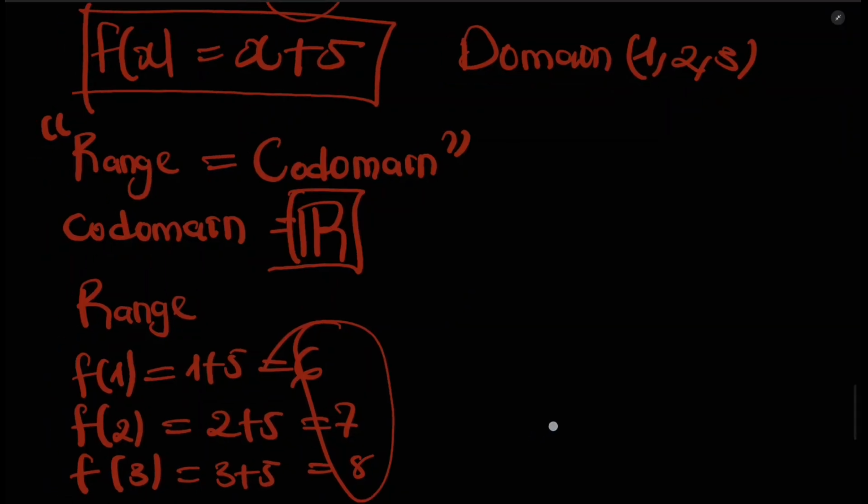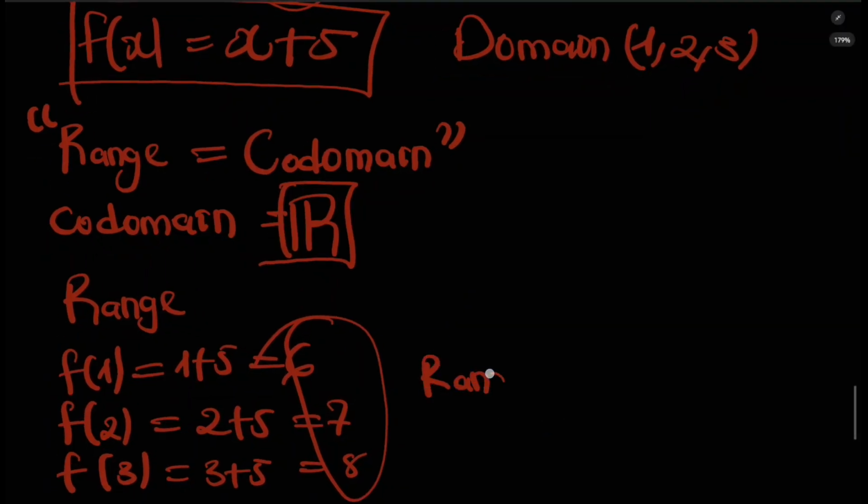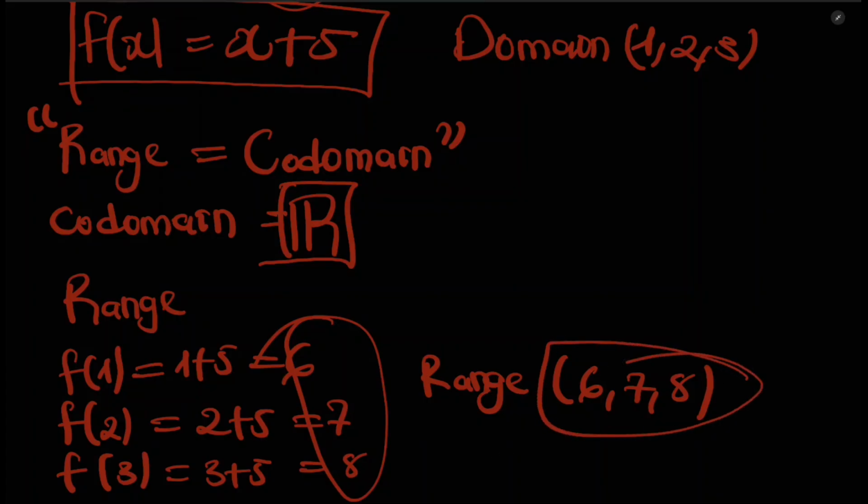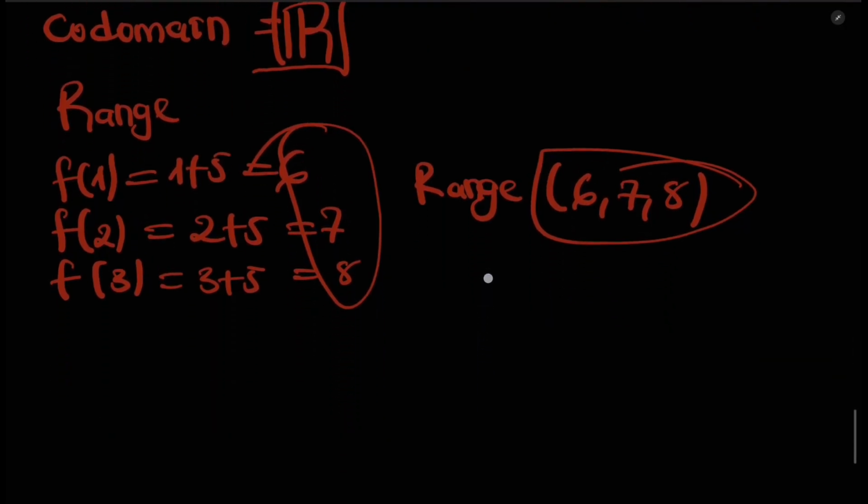So it ranges now 6, 7, and 8. And so 6, 7, and 8, they are real numbers. So it is surjective.